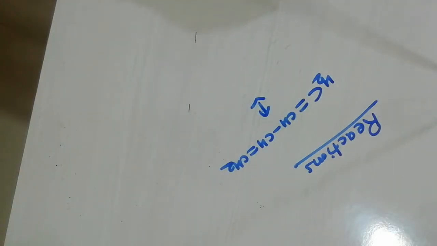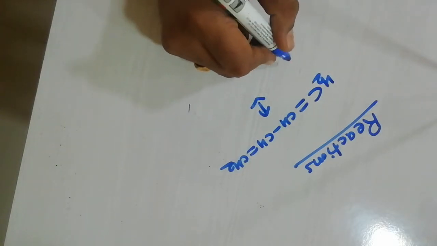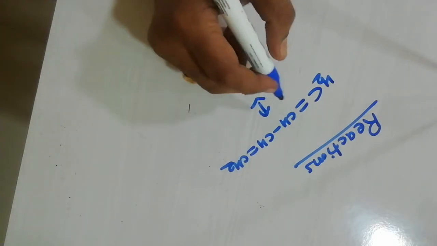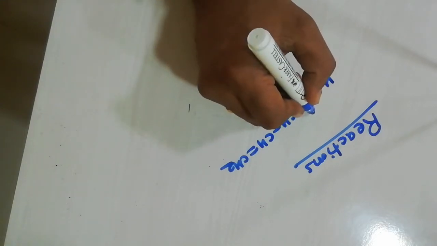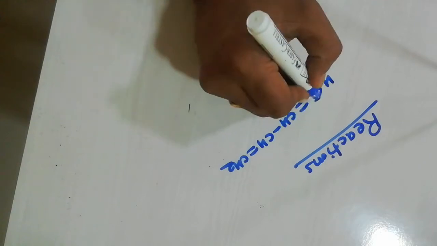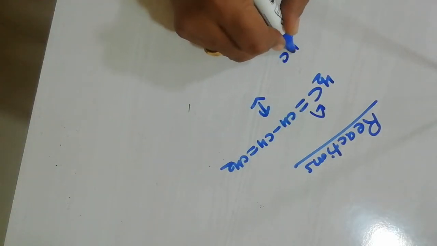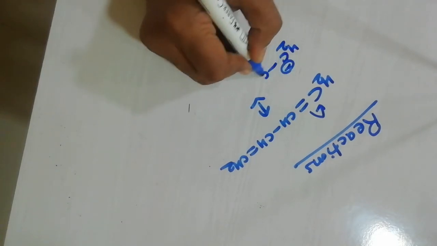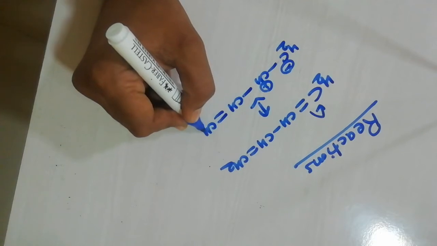If I break it, you can draw its resonating structure like this, and you can break the bond like this. Your H will go to this carbon, so you can open it like this. So, you can get CH2 minus single bond CH plus single bond CH double bond CH2.